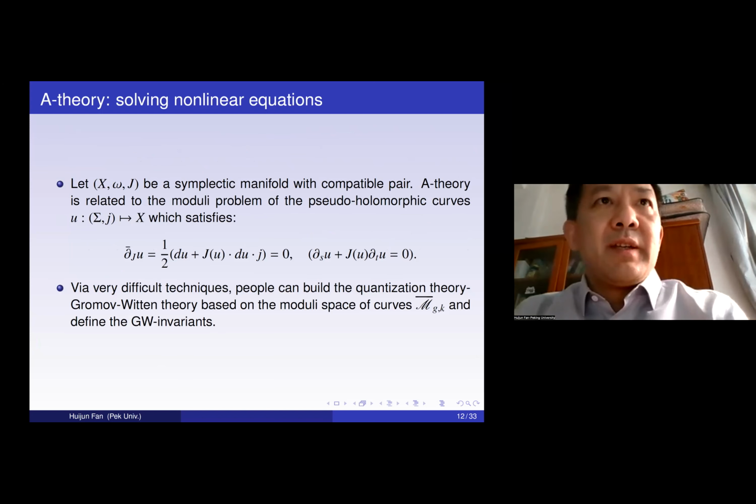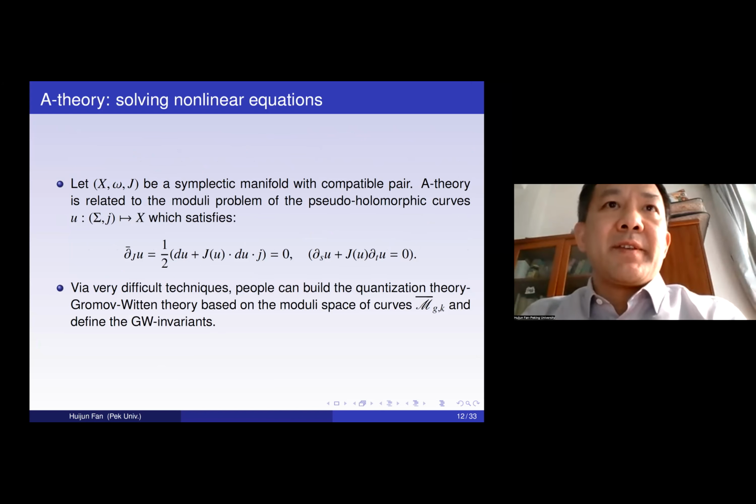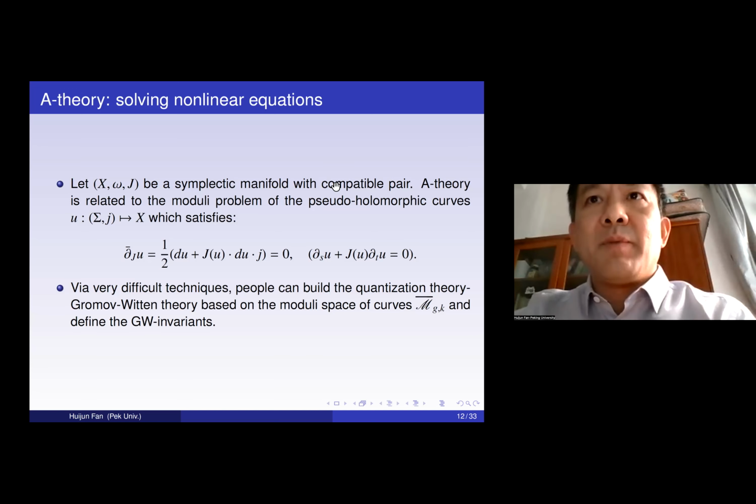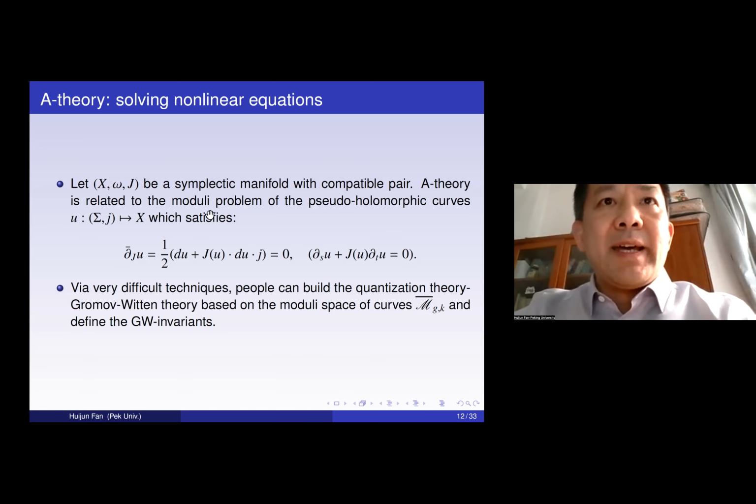Generally speaking, A theory in mathematics means people need to solve some nonlinear equations. For example, we can consider the Calabi-Yau nonlinear sigma model. Let (X, omega, J) be a symplectic manifold with a compatible pair. A theory is related to the moduli problem of pseudo-holomorphic curves u from a Riemann surface Sigma with complex structure j to X, which satisfy the Cauchy-Riemann equation.